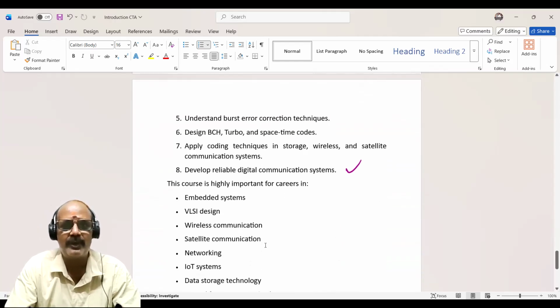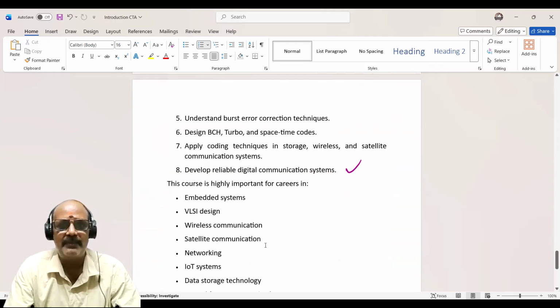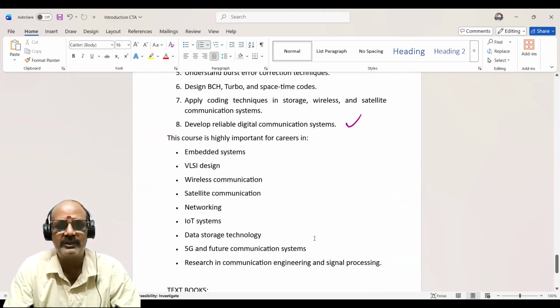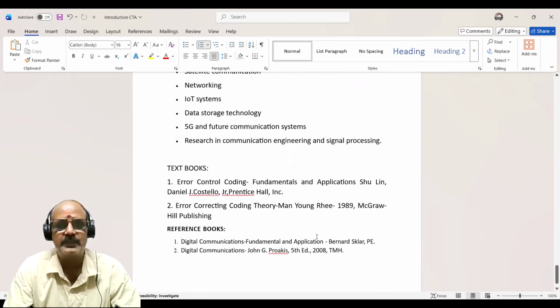This course is highly important for careers in embedded systems, VLSI design, wireless communication, satellite communication, networking, IoT systems, data storage technology, 5G and future communication systems, and research in communication engineering and signal processing.